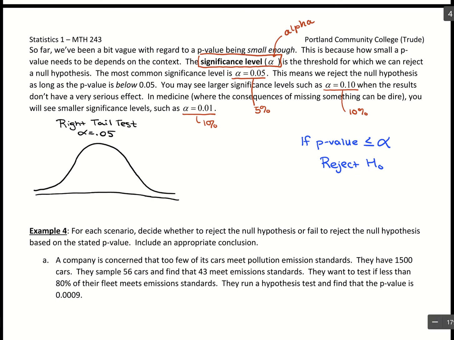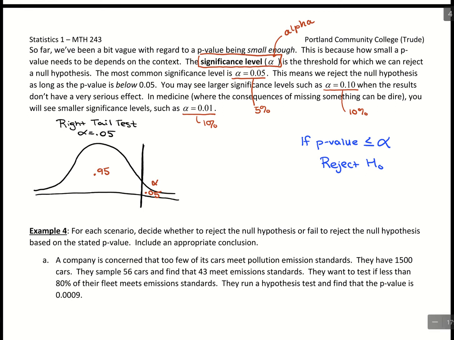And if we're doing a right tail test, it would create an area to the right where over here we would have 5% of our information, and over here we'd have 95% of our information. So it's coming from setting alpha in the tail.